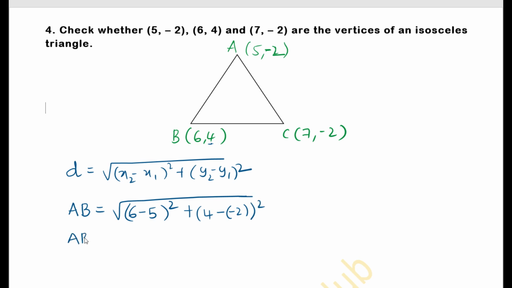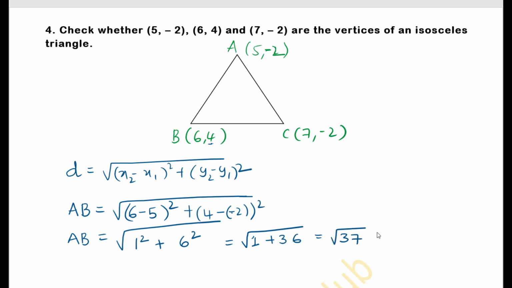Now we get AB equals, 6 minus 5 is how much? 6 minus 5 is 1, square, plus 4 plus 2 is 6, square, which equals square root of 1 square is 1, 6 square is 36. 1 plus 36 equals square root of 37 units.